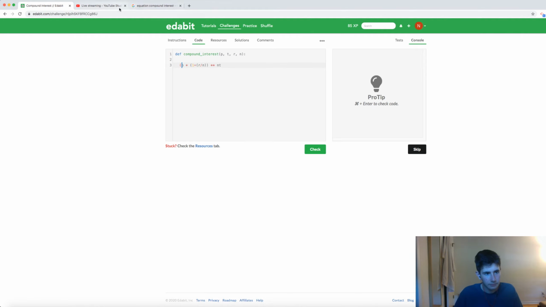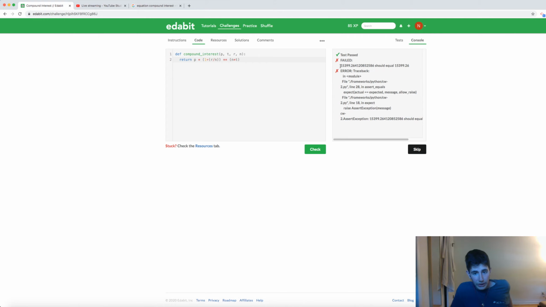Failed. Oh! This is a cool error, and I don't usually say that errors are cool. We gave the computer 15399, just like this, 0.26412085258. That is too long of a number. The program doesn't want to return this huge number. So in Python, I think, maybe I'm thinking Java right now.